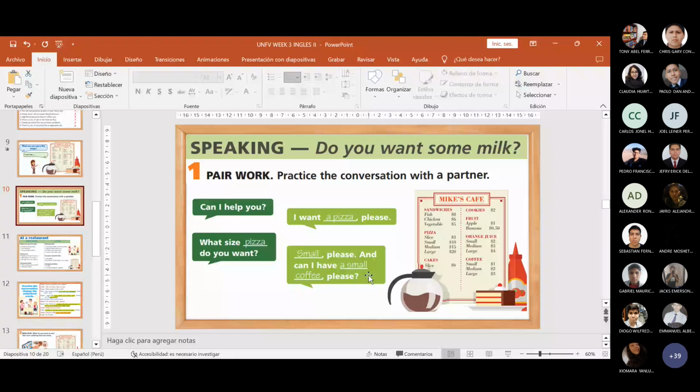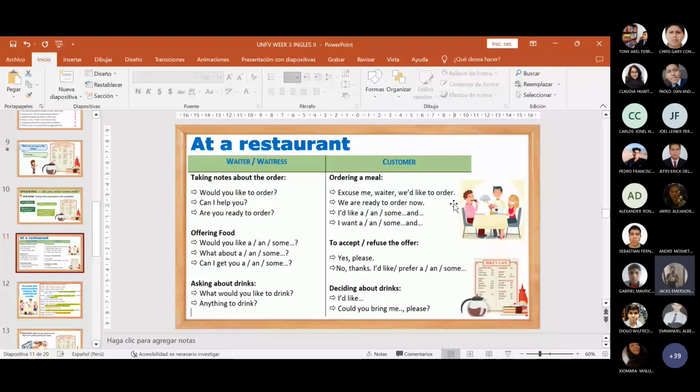What size? Me dice que en el restaurant, at the restaurant, there are two characters. The first one is the waiter, que es el mesero, o el camarero. In some cases, the waitress, si fuese una mujer. If it's a girl, you use waitress.